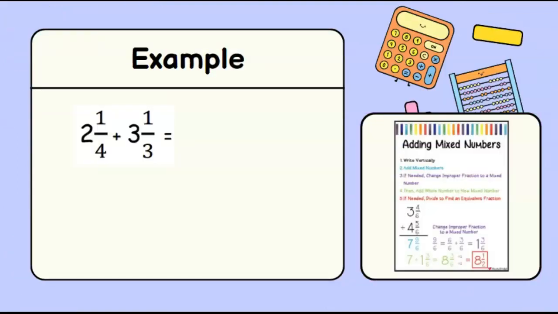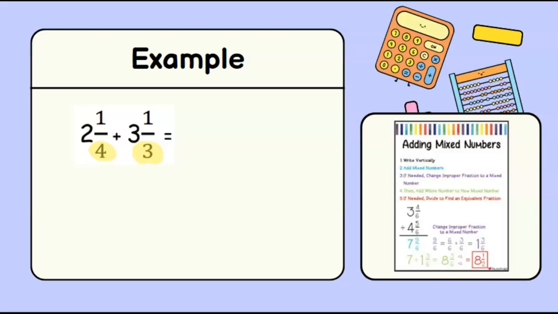Our example is 2 1/4 plus 3 1/3. I'm going to go ahead and find the least common multiple in my denominators since they are different. 4 and 3, I need to change those into my equivalent fractions with my least common multiples before I start stacking them.